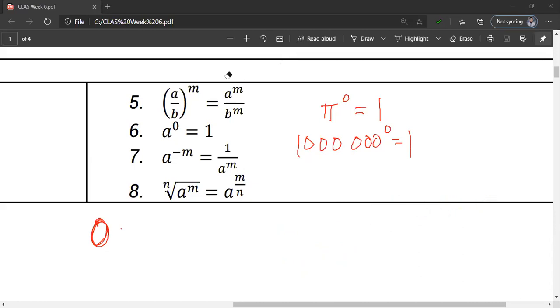Meron tayong mathematical ambiguous case in mathematics na a problem or a solution can have two or more answers based on the law. Kasi sa math, kailangan isa lang yung sagot and it should be exact. So just like 0 divided by 0, 0 raised to 0, yun po ay mga ambiguous cases.